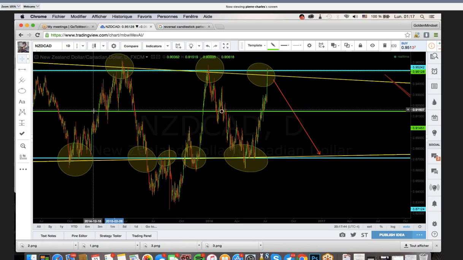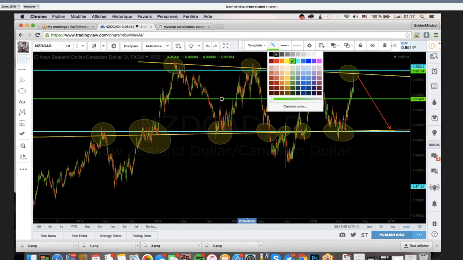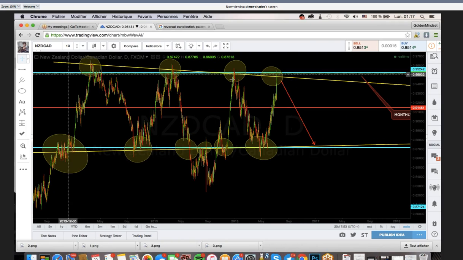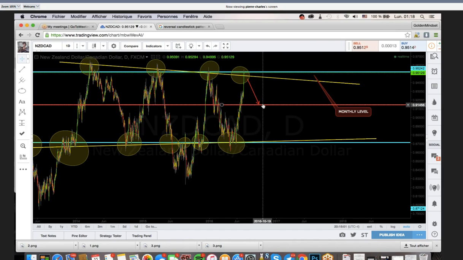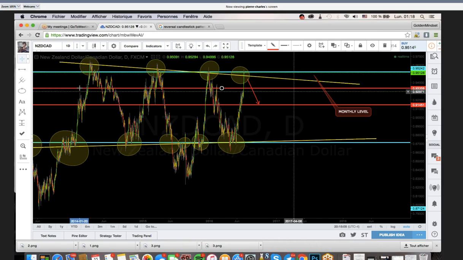Look, 50%. Strong level there. It is a weekly. So I know for sure it's going to go to my weekly. Then it's going to jam there and probably go back to the daily level. My daily level should be around there.